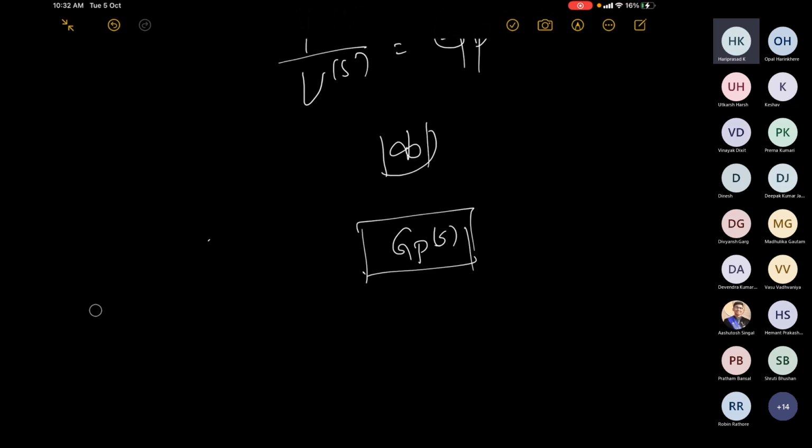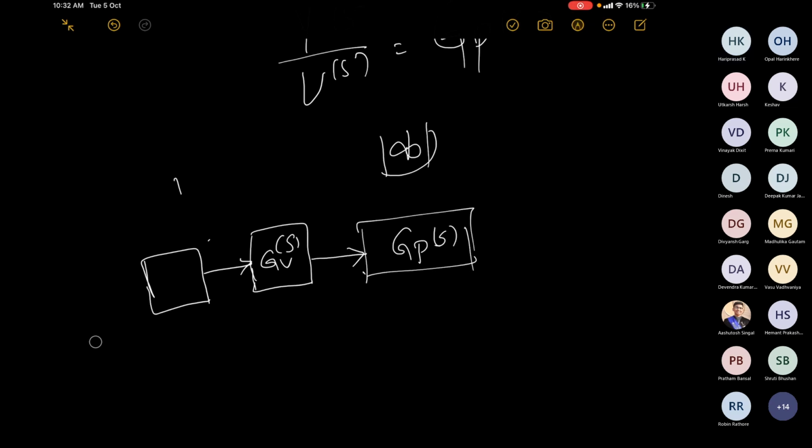Just before your GP is your final control element, which I will say is V. V stands for valve. It should also be in terms of a transfer function. And just before that should be your controller, assuming I to P converter has a unity transfer function.